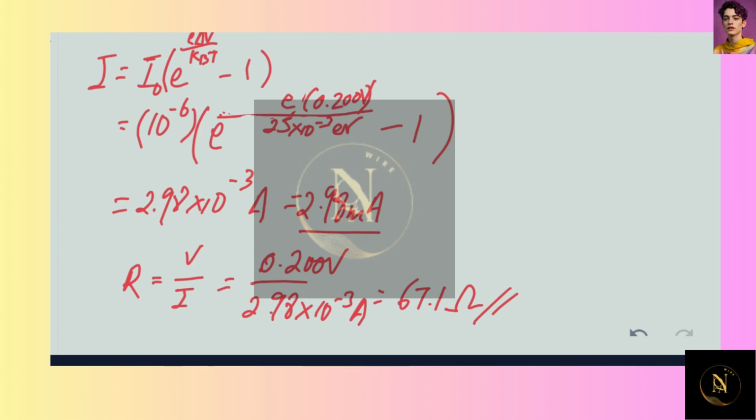Now, to find the dynamic resistance, the dynamic resistance is given as d delta V over dI, differentiating delta V with respect to the current.